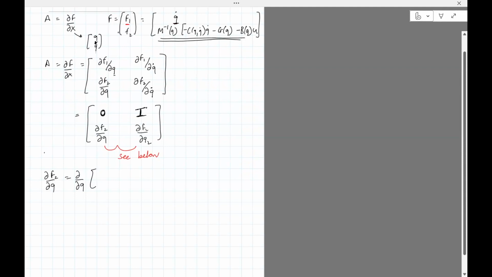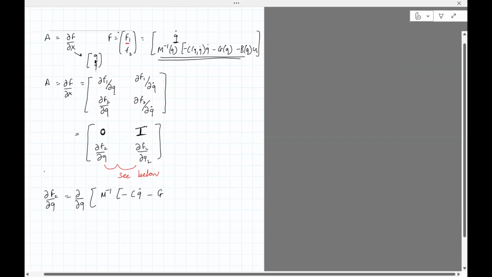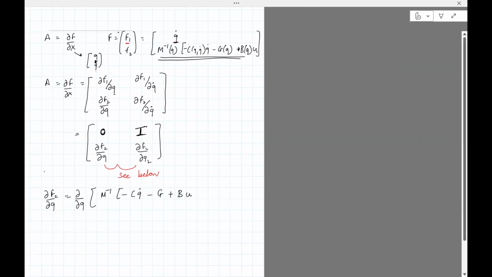F2 is the second row of f, m inverse. I want to skip the functions, that way it'll be easier to write things down. Just remove the parentheses. I think this is wrong. This is plus p.